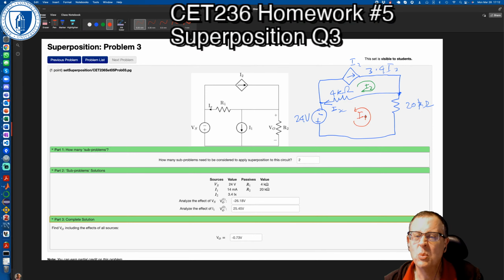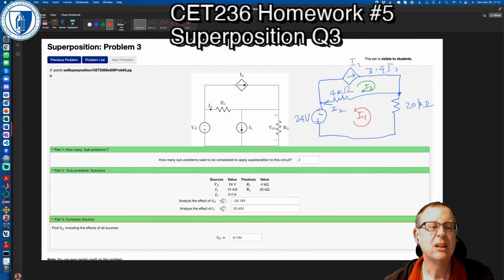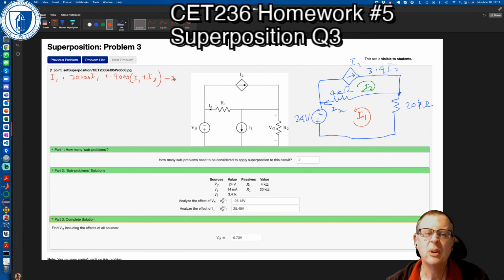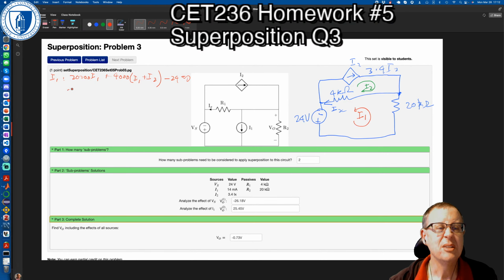Let's call that one I1, and then the equation for the mesh is going to be 20,000 I1 plus 4,000 times (I1 plus I2), because they're both going in the same direction, minus 24 equals 0. So that's 24,000 I1 plus 4,000 I2 equals 24.